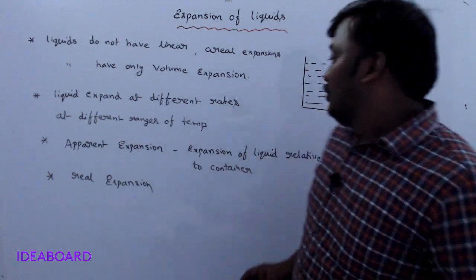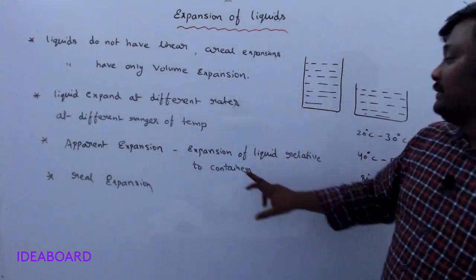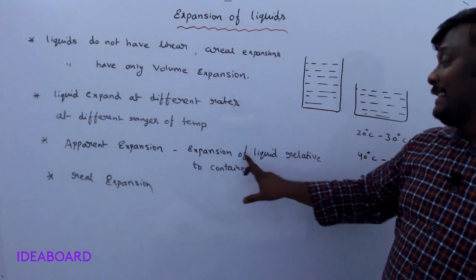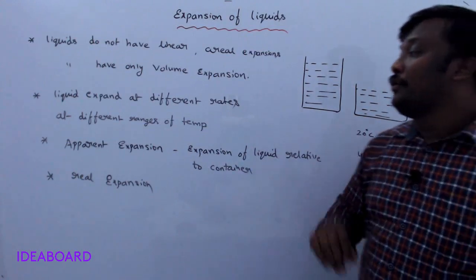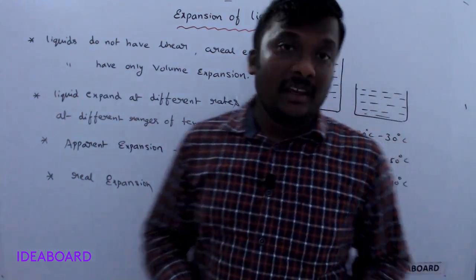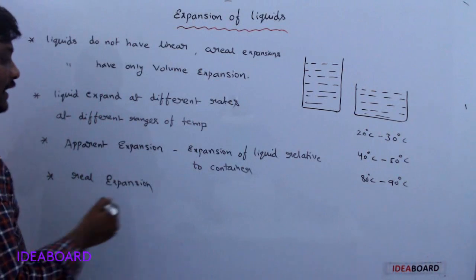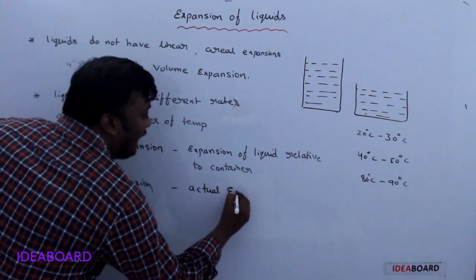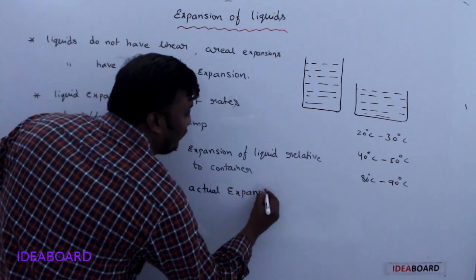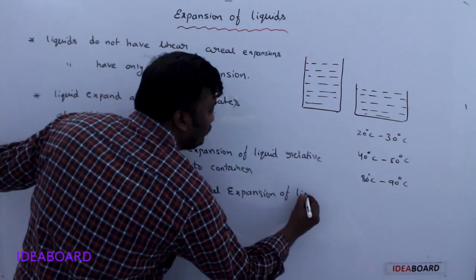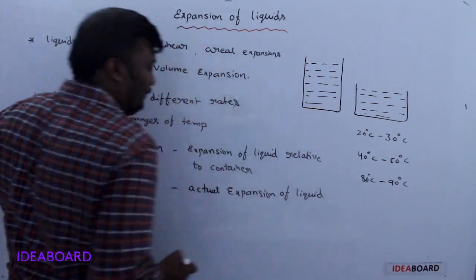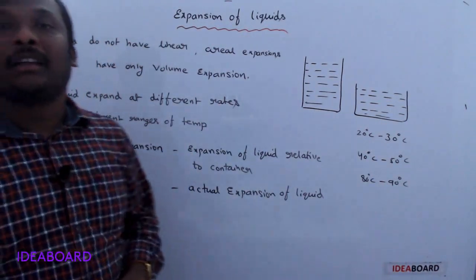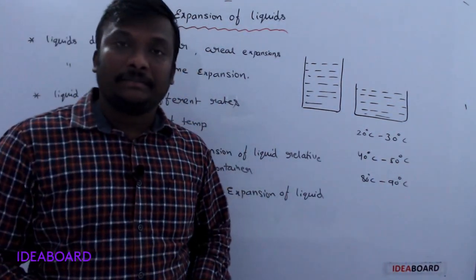So apparent expansion is expansion of liquid relative to the container. What is real expansion? Real expansion is nothing but the actual expansion of liquid; it is independent of expansion of the container.